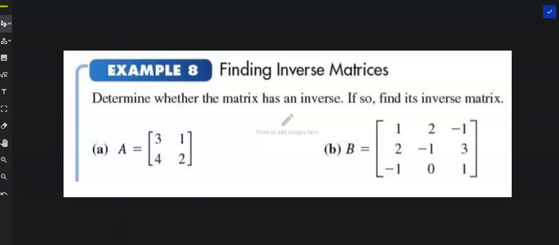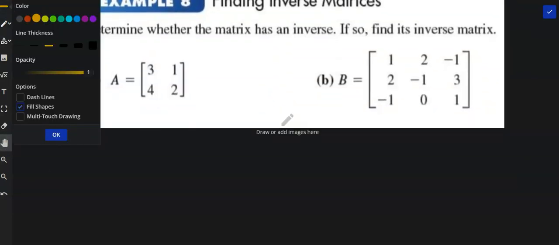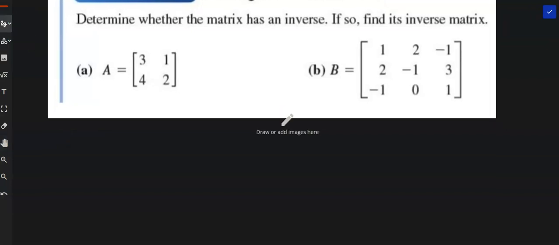Determine whether the matrix has an inverse. Okay. So 6 minus 4 is 2. It does have an inverse. So if they want me to find the inverse, okay. So switch the 2 and the 3.